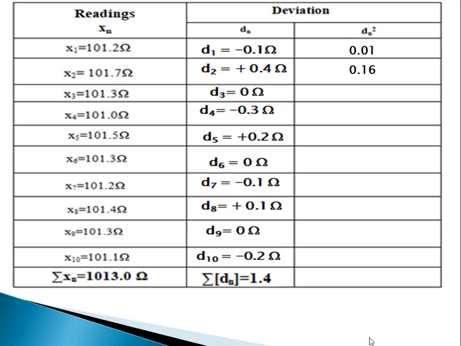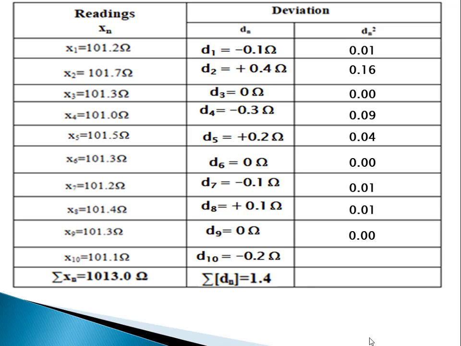Similarly, we have to find the squared value of d2, that is 0.16. Similarly, d3 squared value is 0.00. Next, d4 squared value is 0.09. Next one is 0.04. Next value is 0. Next, seventh deviation squared value is 0.01. Similarly, d8 squared value is 0.01.